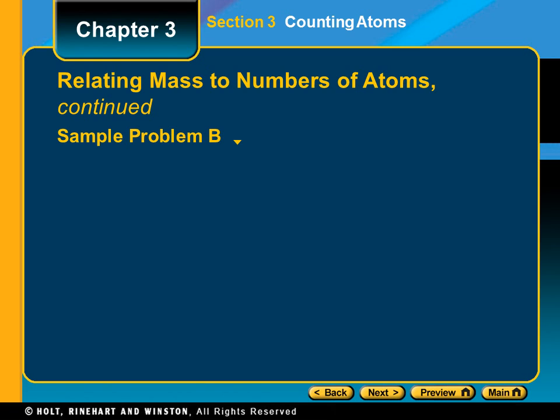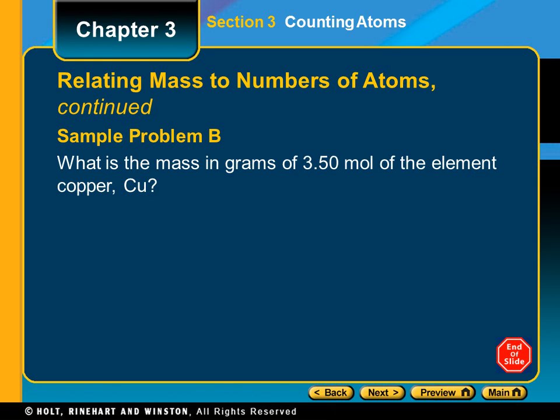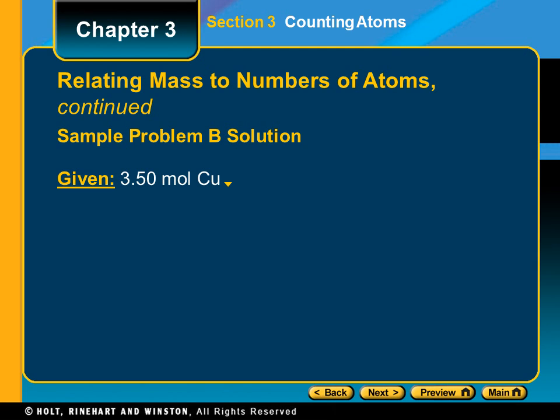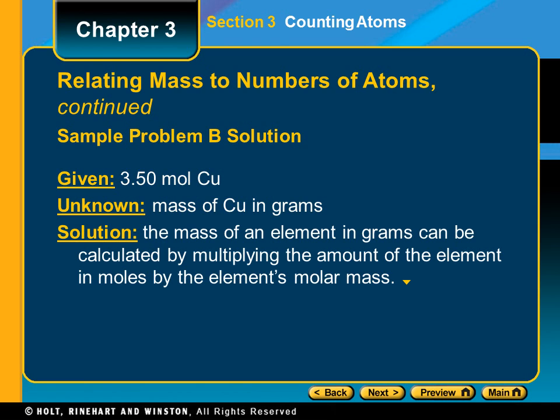Let's take a look at a sample problem. What is the mass in grams of 3.50 moles of the element copper? Well, how do you work this? First, what were you given? You were given 3.50 moles of copper. What you need to find is the mass of copper in grams.